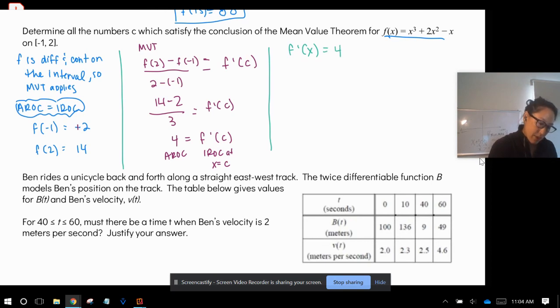So at what x value? So I need to take a derivative. f prime of x is equal to 3x squared plus 4x minus 1. So I get 3x squared plus 4x minus 1 is equal to 4, quadratic.